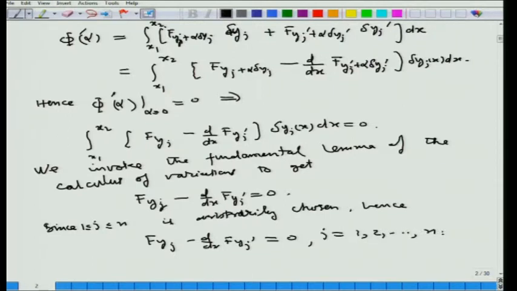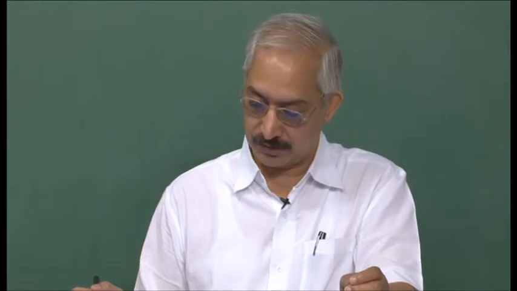So, we get a system of equations: for each y_j, we get one equation like Euler's equation.